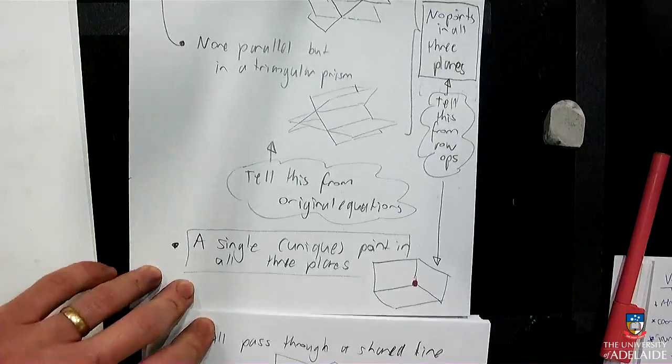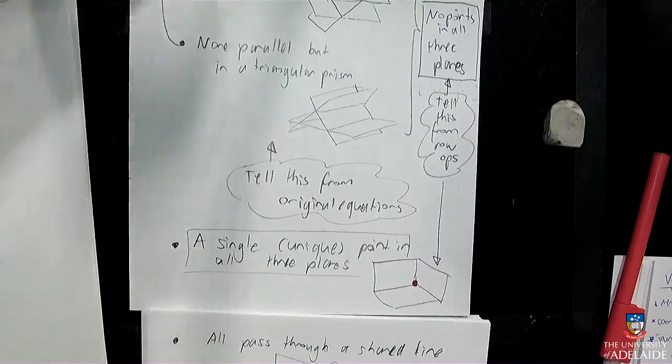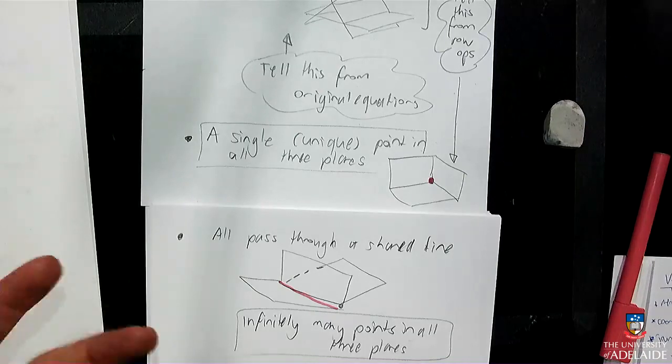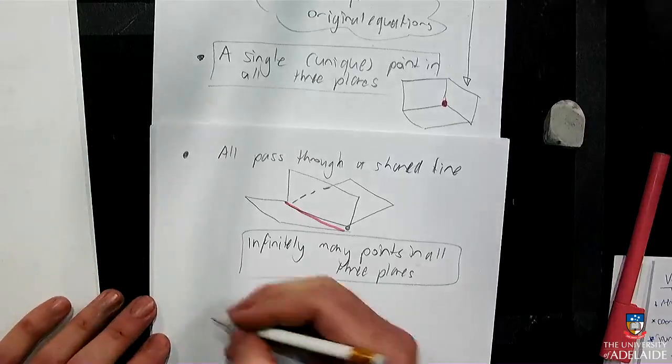Okay, so that's how planes can be arranged in 3D and to get the various different numbers of points in common. And what we talk about with the equations is that the planes have points in common and the equations have solutions. Okay, so when we get some planes, to find these, this is the algorithm.